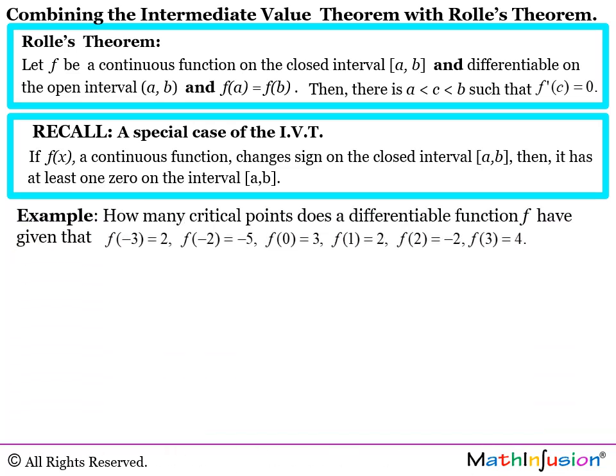And here's our example. How many critical points does a differentiable function f have given that f(-3) is 2, f(-2) is -5, f(0) is 3, f(1) is 2, f(2) is -2, and f(3) is 4?